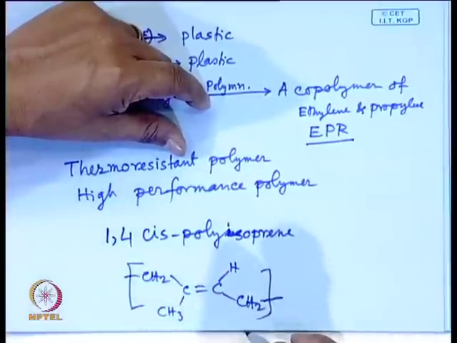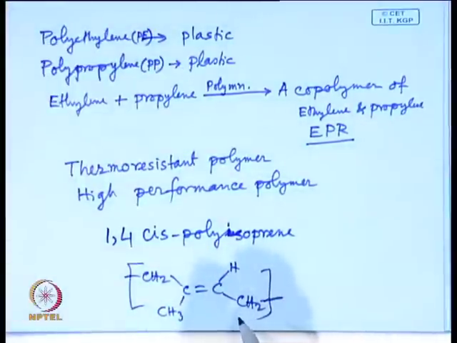This is the chemical constituent of natural rubber, 1,4 cis polyisoprene, synthesized by nature, but this can be synthetically made in industry, in a polymerization reactor. So, this is tailorability.